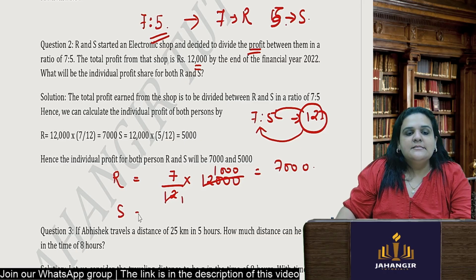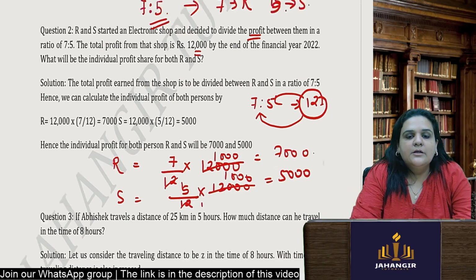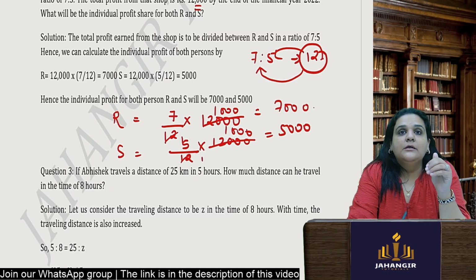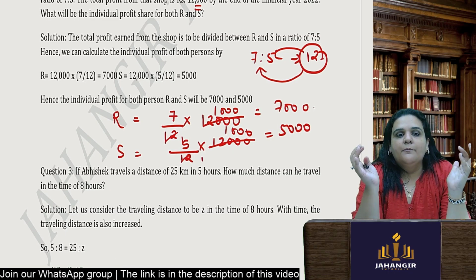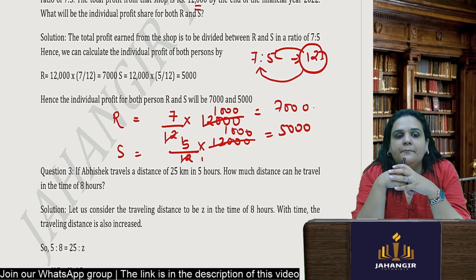And for S, he is going to take 5 of the total 12 into 12,000. This is going to be 5,000. So here we can find the profit, also the division of profit from the total profit.